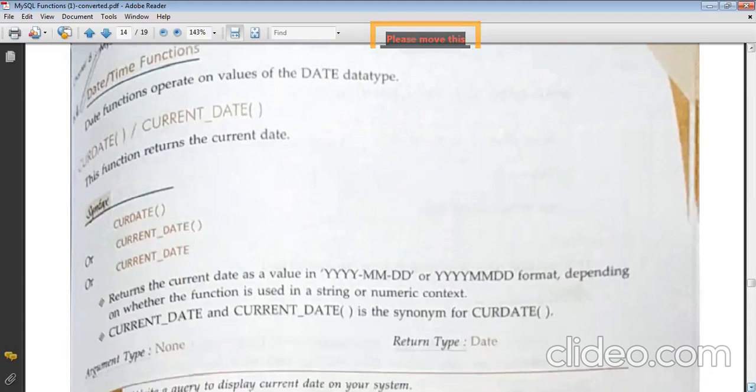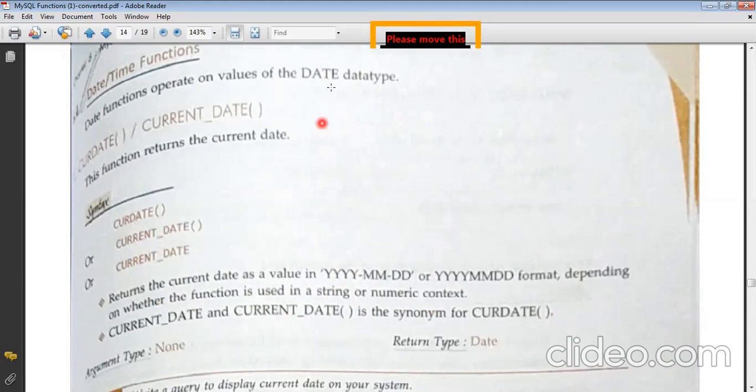It returns the current date as a value in year, month, and date format. Or sometimes it might return it like this, depending on whether the function is used in a string or a numeric context. We'll see in the console how it matters. CURRENT_DATE is a synonym of CURDATE, which means we can use any one of them.